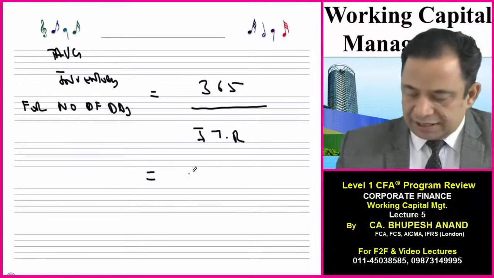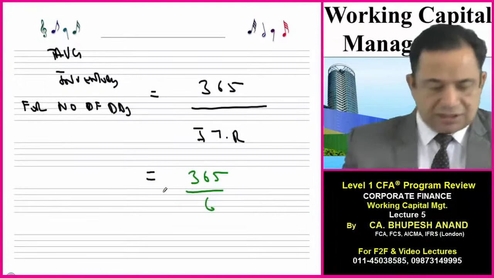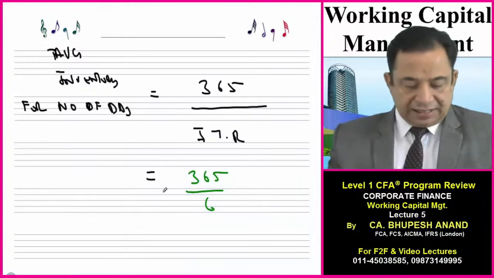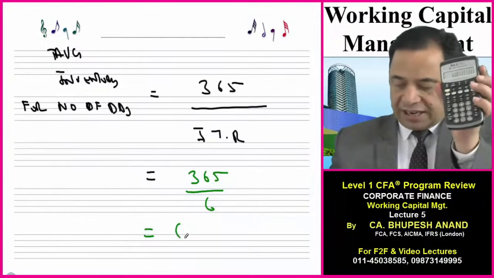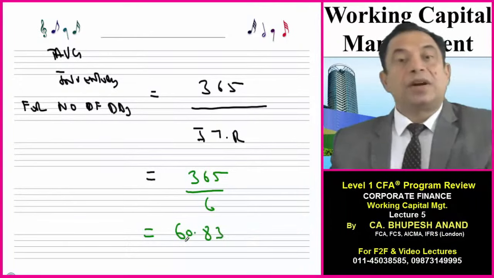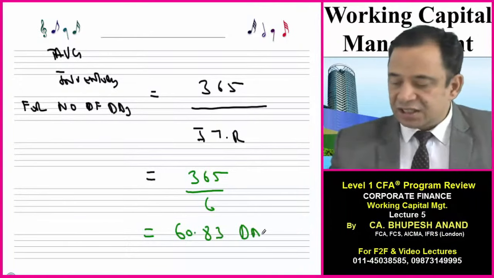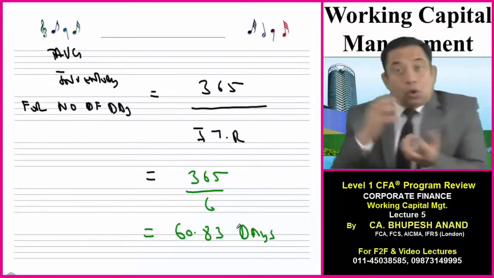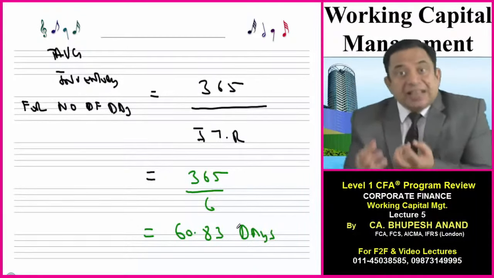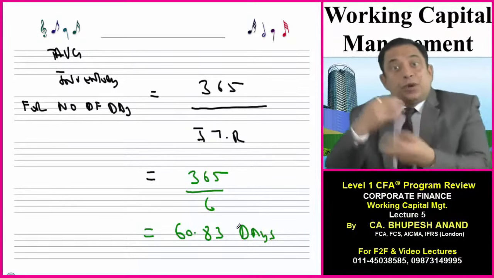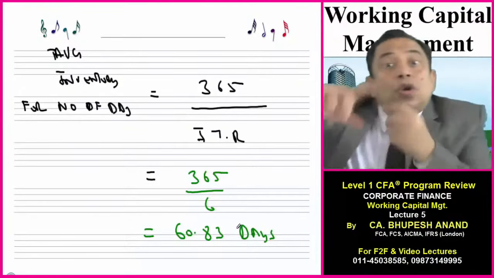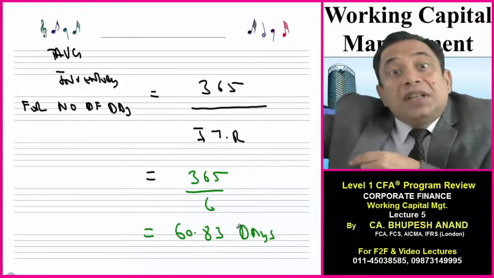So 365 upon 6, with the help of a calculator, comes to 60.83 days. It implies that on an average, this entity takes 60.83 days to process the inventory or to convert it into accounts receivable.